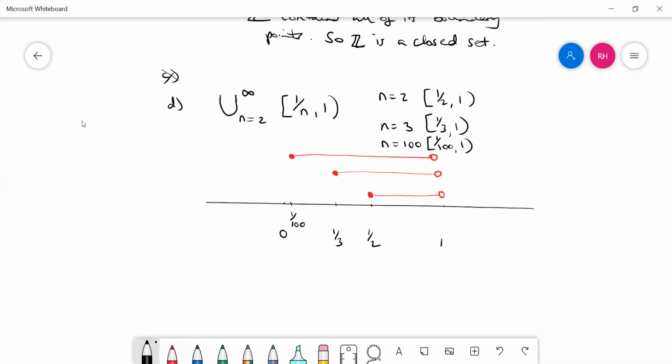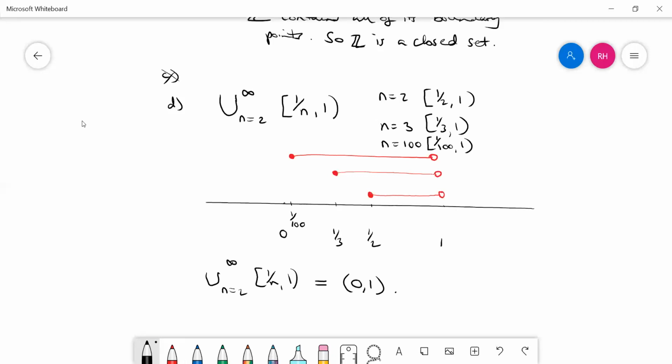So what we can see happening here is that the union from n equals 2 to infinity of the interval 1 on n to 1, what is that equal to? Well, it actually ends up being 0 to 1. We get closer and closer to 0, but we never get to 0.